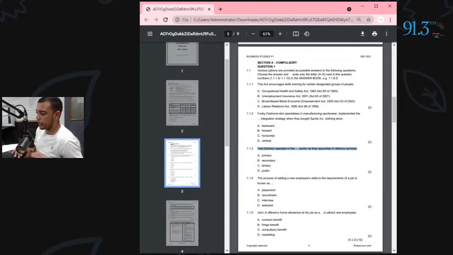We just highlight delivery services. Raw materials doesn't take place here, nor does the manufacturing part. So delivery services is maybe your Uber Eats or your other delivery services. So that would be your tertiary sector. The tertiary sector can be banks, retail stores or delivery services. So your answer there would be C.